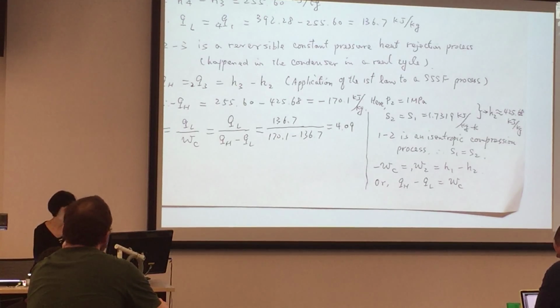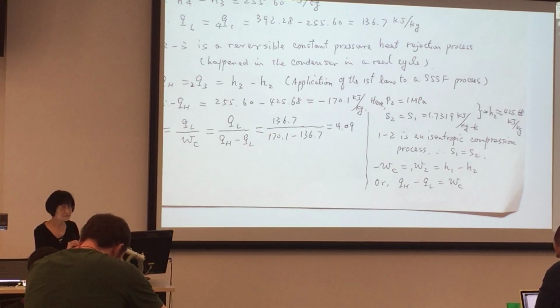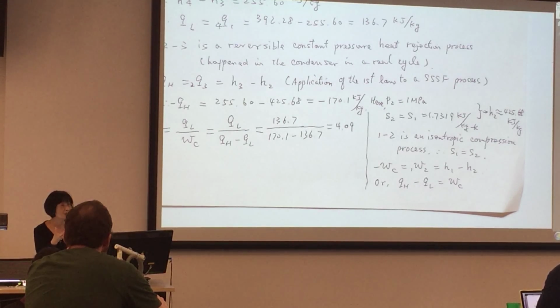And also, if your textbook is not the one we are using for this subject, you may find the property tables' scaling may be different. Even so, the final results will be the same, like the entropy change.